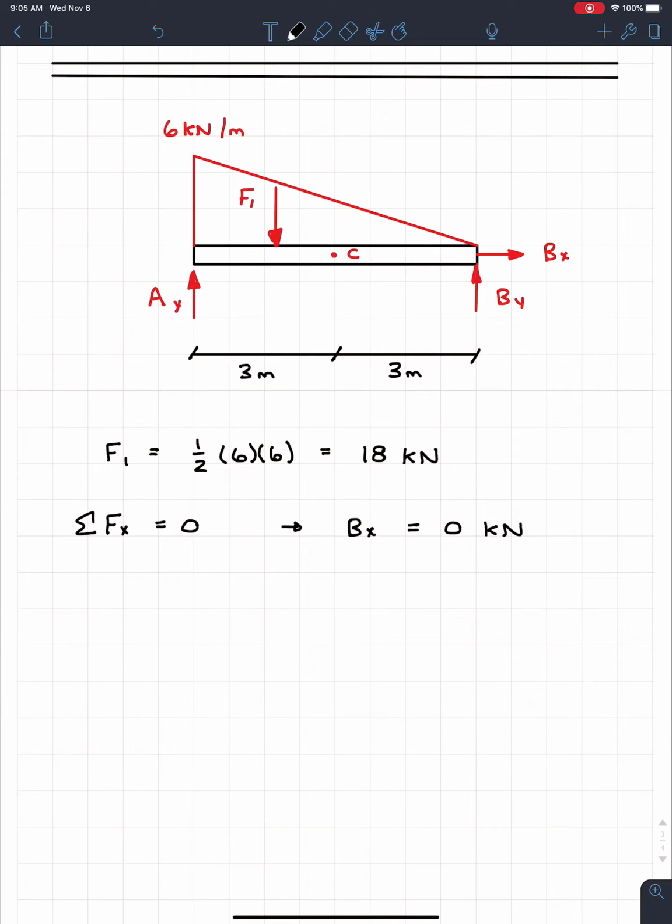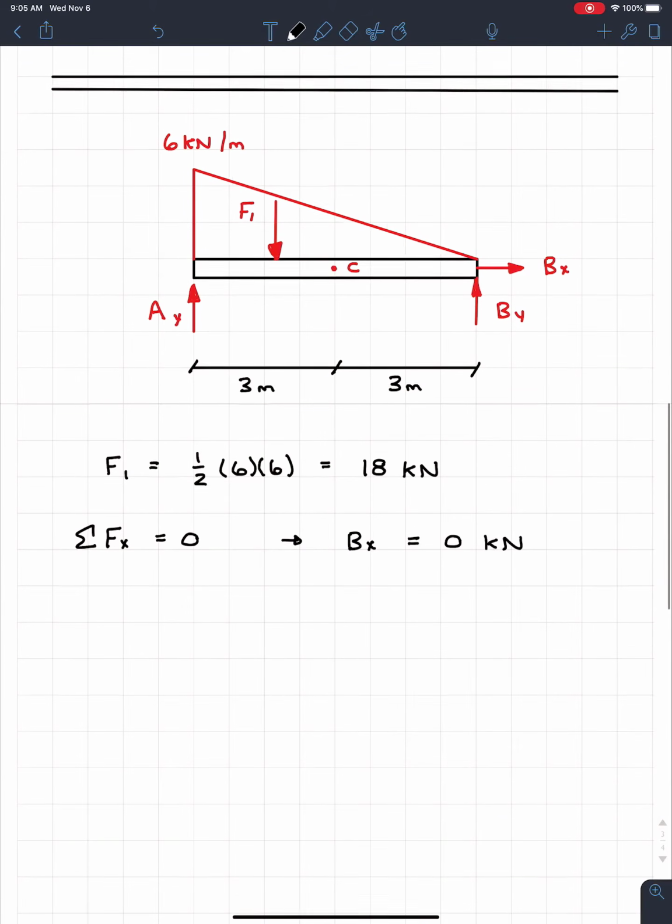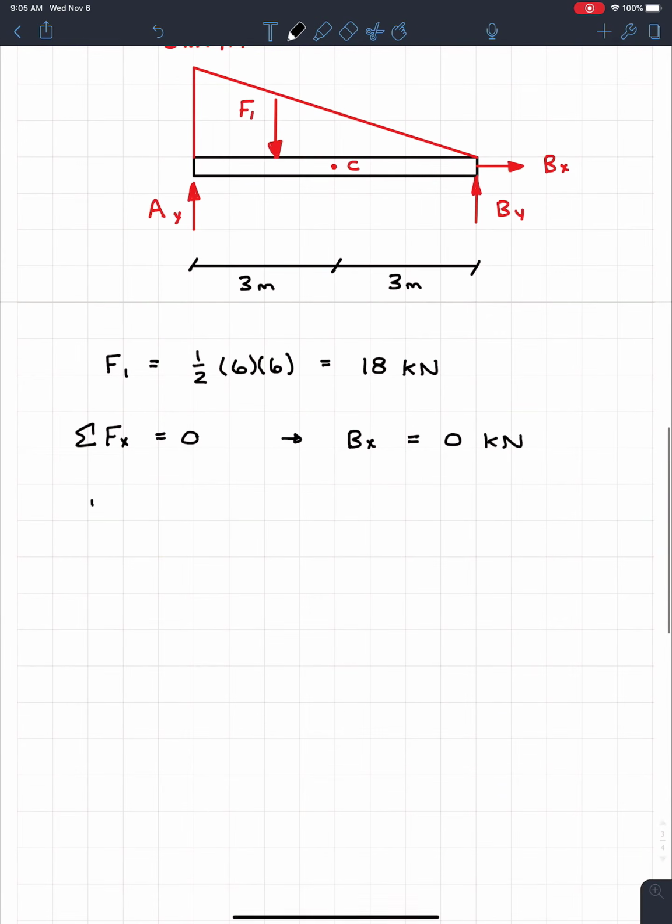All right, so sum of the forces in X equals 0, we got Bx is 0. If we go sum of the moments, we can take it anywhere at A or B, so let's go sum of the moments at A just for fun, just to switch things up, because we normally do it about the pin. What we find is we have the 18 kilonewtons, and that acts at a distance of 1/3 times the base, and we know that the base is 6, so 1/3 times 6.